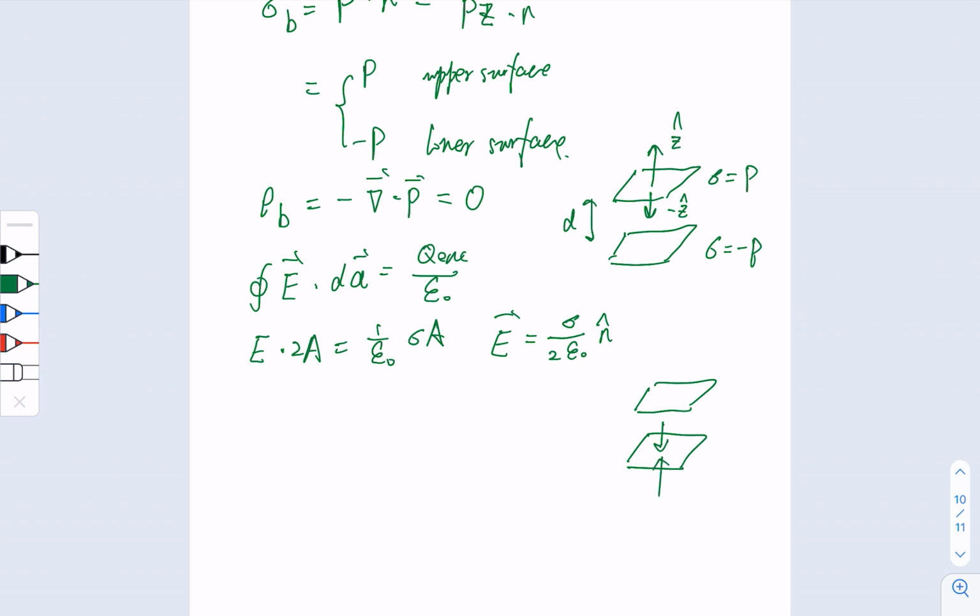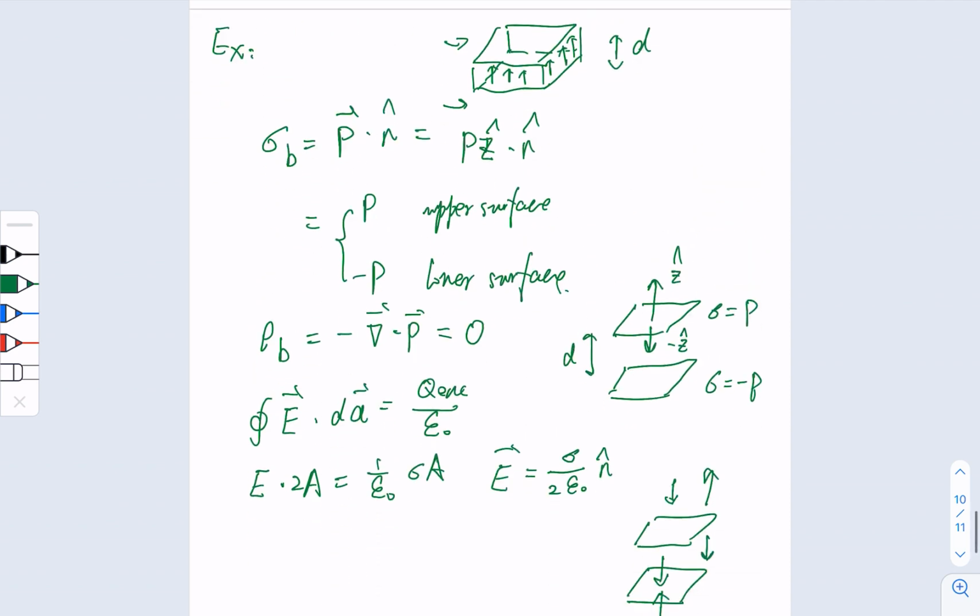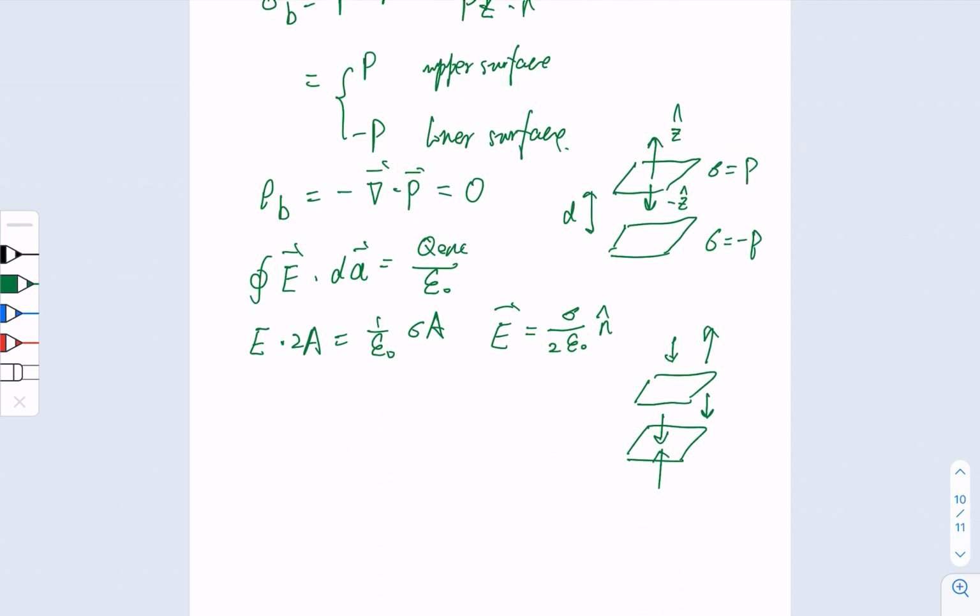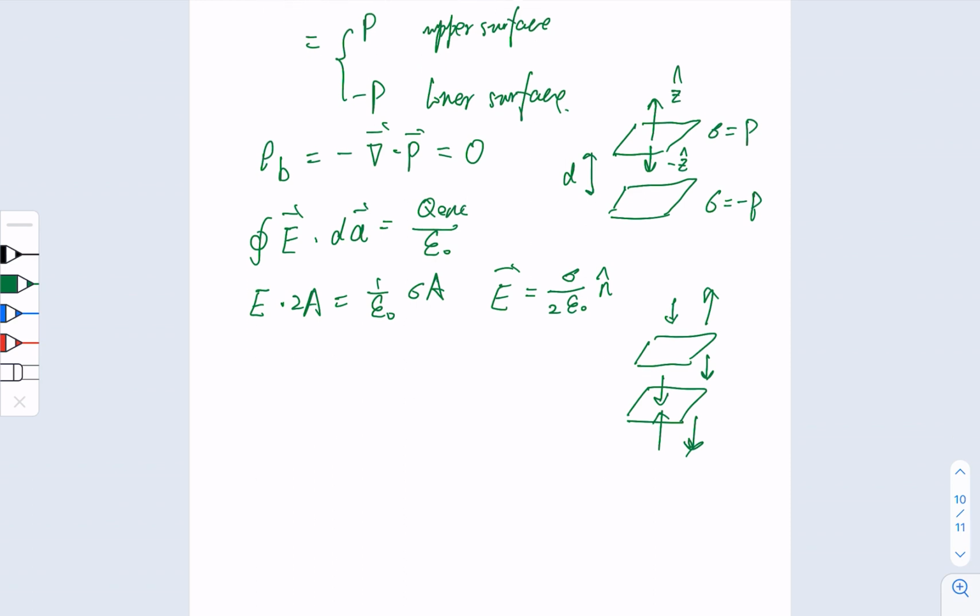And now if you combine the field of the two, you actually see that in the plane above this material, the 2E field will exactly cancel out, and also below the bottom plane, the E field also cancels out.